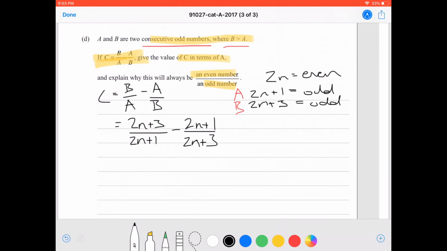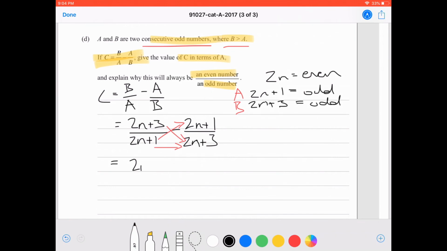Okay, and we've got no choice here but to solve this, or rather simplify this. We have to combine into one fraction. We're going to cross multiply.